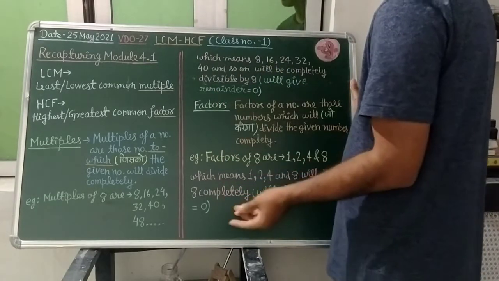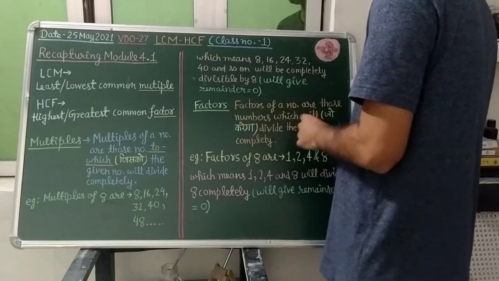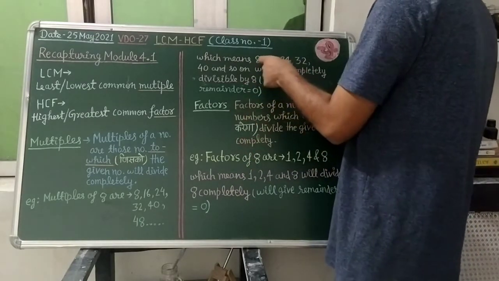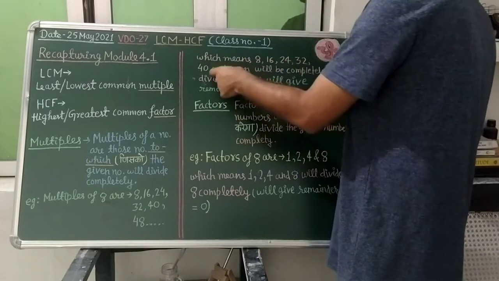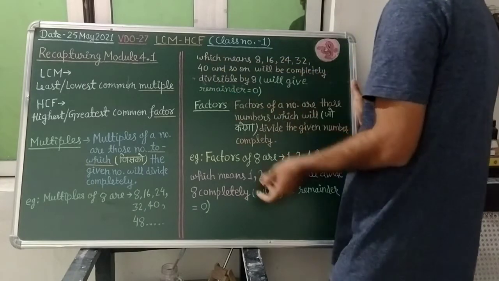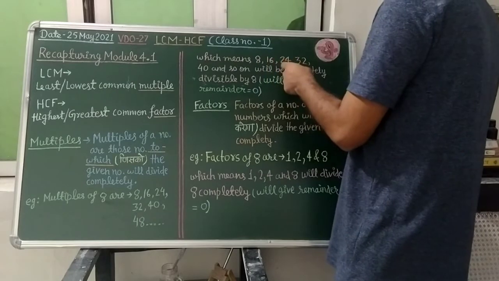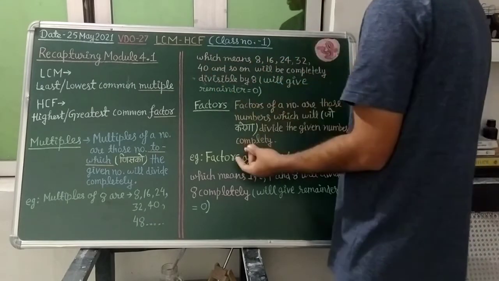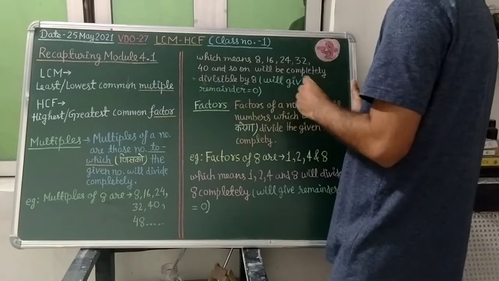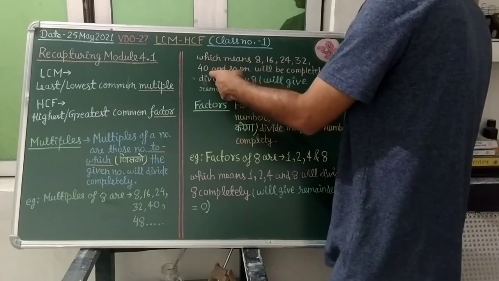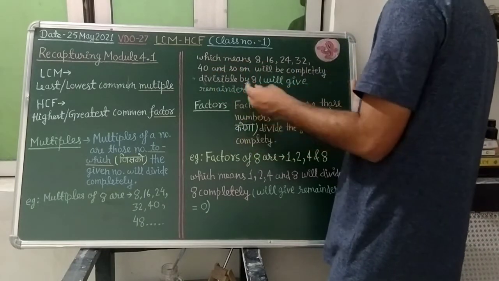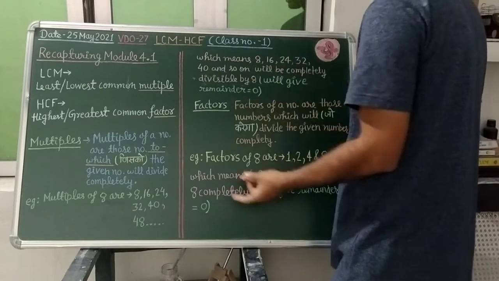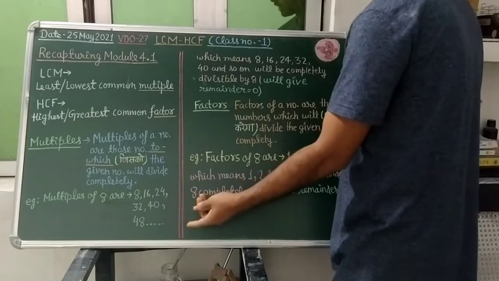We want to write down the multiples of 8. So when you write the multiples of 8, you will find that they are 8, 16, 24, 32, 40, 48 and so on. These are the numbers which are the multiples of 8, to which, meaning jisko, the given number, which is 8, will divide completely.